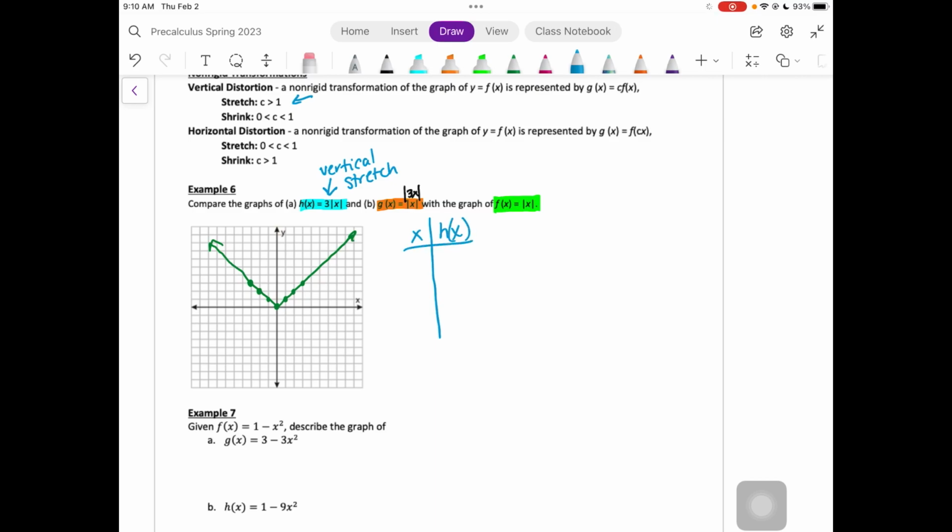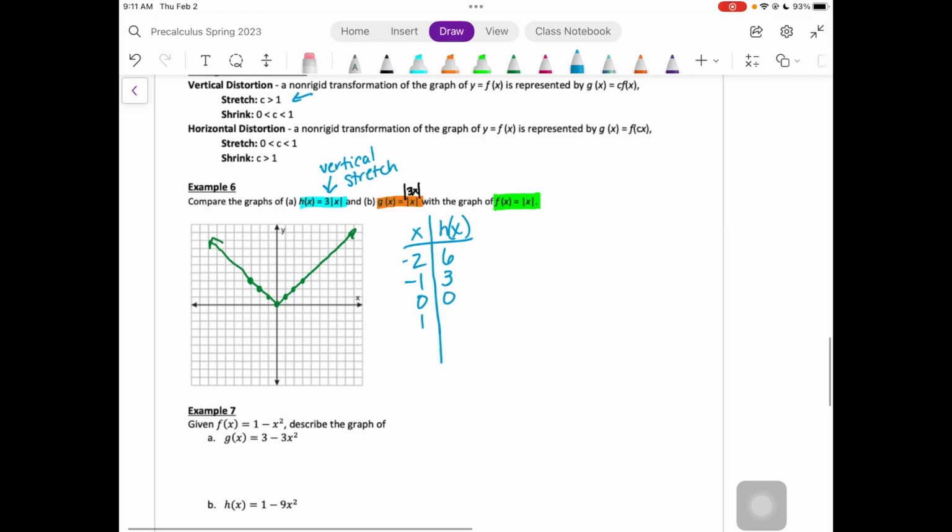So we could plug in negative 2. That means we have 3 times the absolute value of negative 2, which is 6. Negative 1 would be 3 times the absolute value of negative 1, which is 3. 0, 3 times the absolute value of 0 would just be 0. Plug in 1, 3 times the absolute value of 1 is 3. Plug in 2, 3 times the absolute value of 2 is 6.